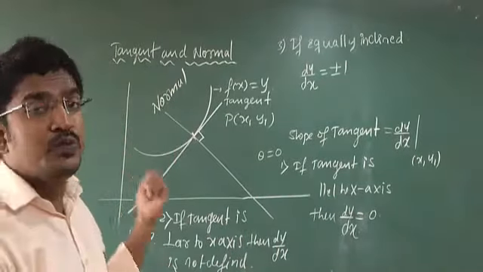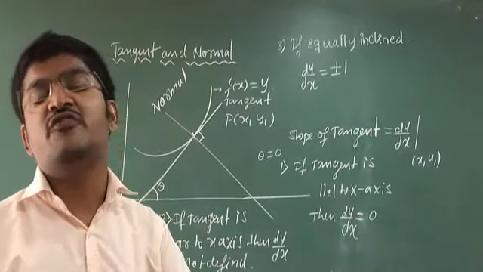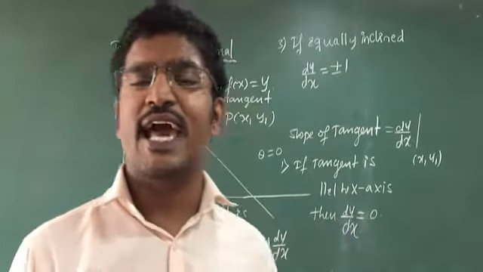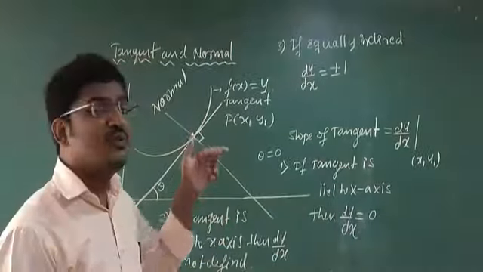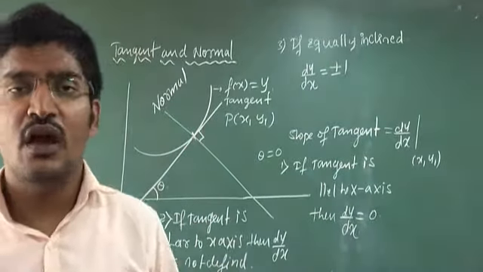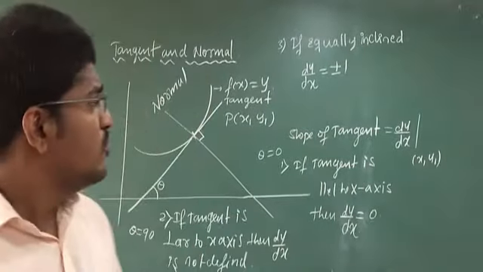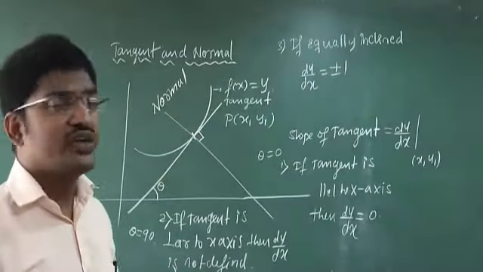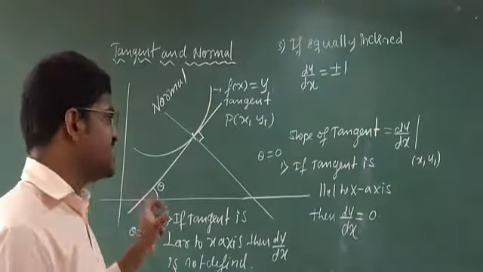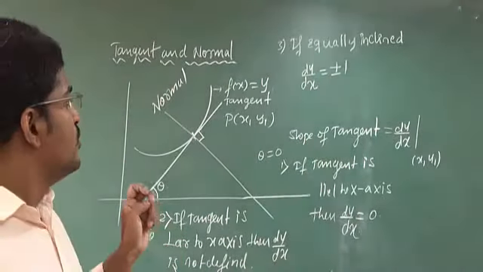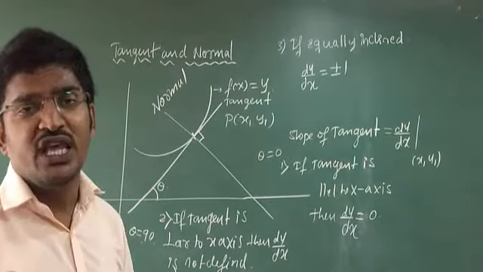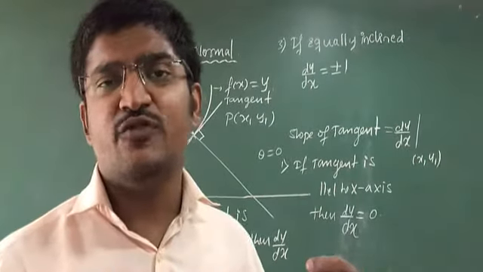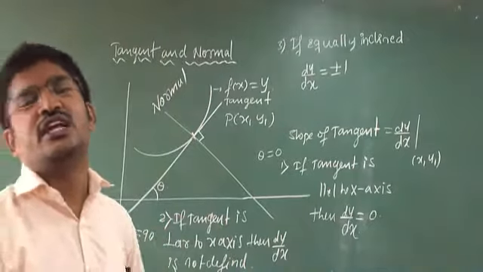If obtuse, it will be 135 degrees, so it will be minus 1. Are you getting my point? With those three points, you can say what the slope of the tangent is at 0 degrees, 90 degrees, 45 degrees and 135 degrees.